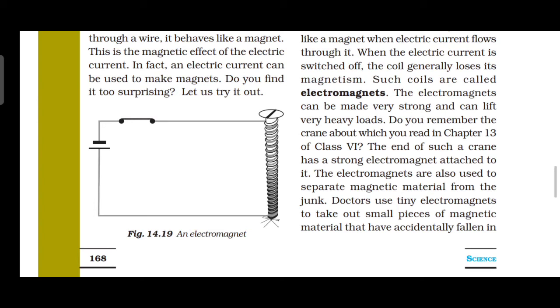Then connect the free ends of the wire to the terminals of the cell. See the picture? They have given the cell sign. Then place some pins near the end of the nail. What happened? When we switch off the current, what happened? Does the pin still cling to the end of the nail?